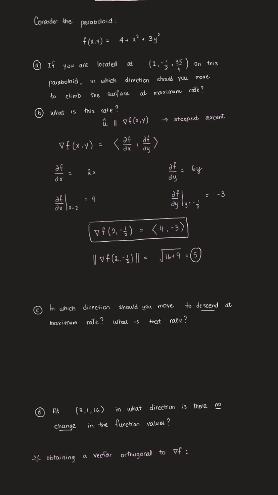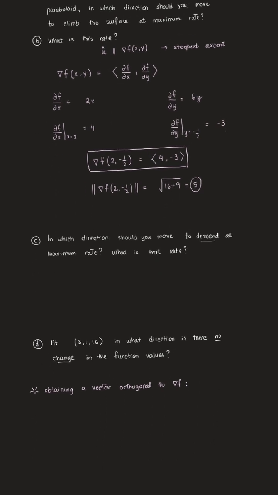Okay, now let's talk about in which direction we should move if we want to go down the paraboloid starting at that point at the maximum rate. That direction will be in the opposite direction. So we want to go in the opposite direction of the gradient at the point 2, negative a half.